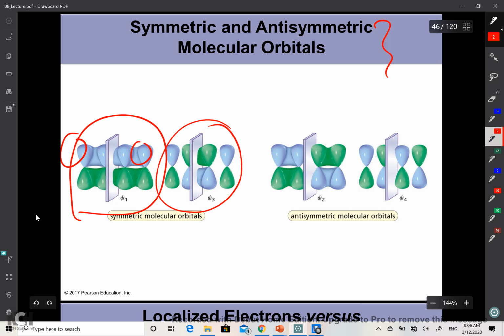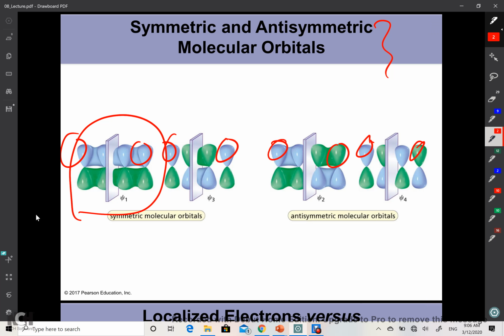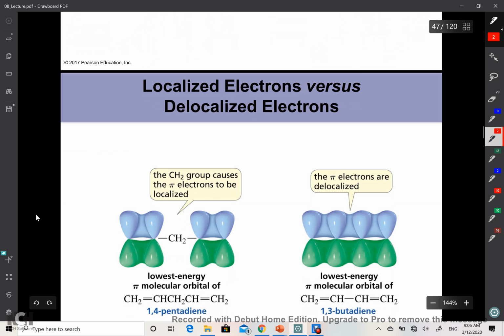First and last, the symmetry is the same, so symmetrical. On this other one, first and last, the symmetries are not the same, so anti-symmetrical. Does that make sense? A couple of slides here will only be explaining what we've seen before.